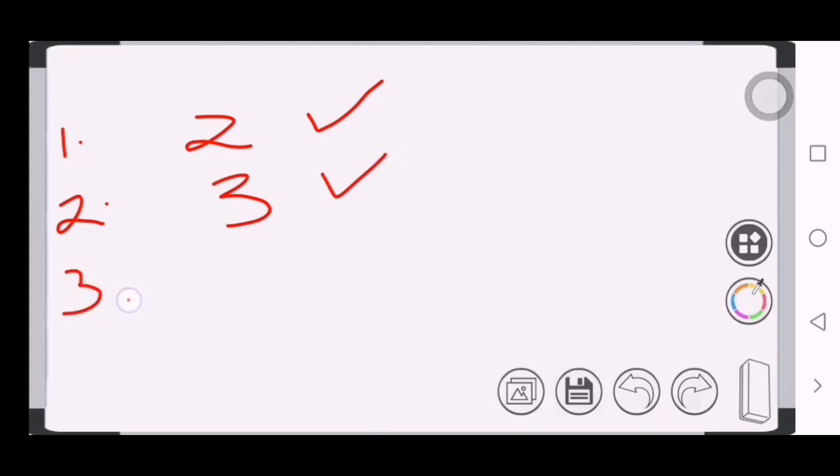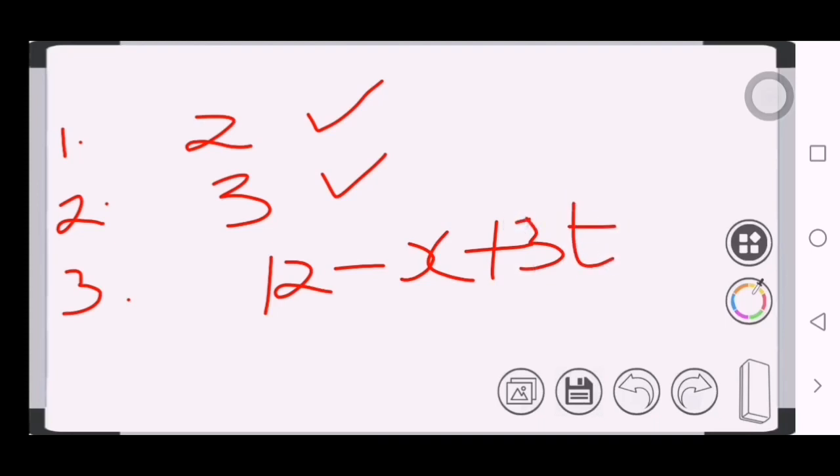Number 3, we have 12 minus x plus 3t. Now, in this case, there was a bracket around them. And as I explained earlier, the bracket makes everything to be 1. Therefore, the whole of this is just 1 term.